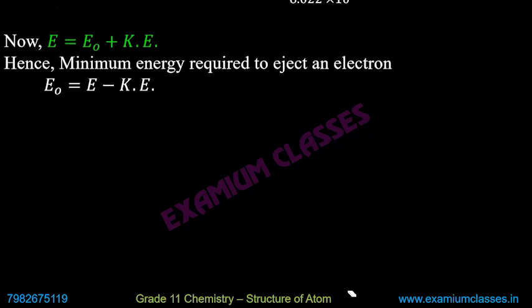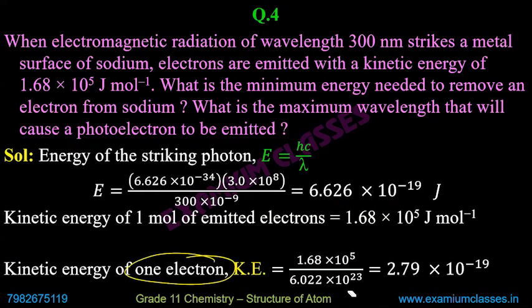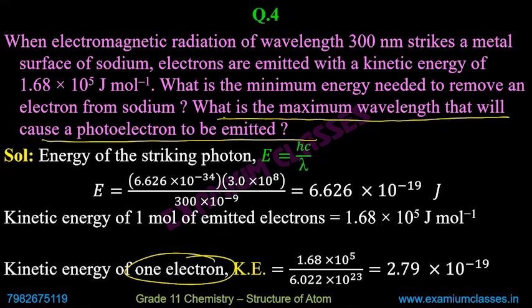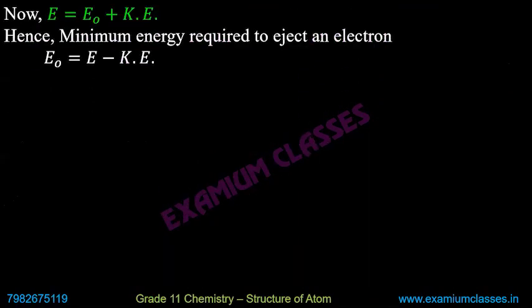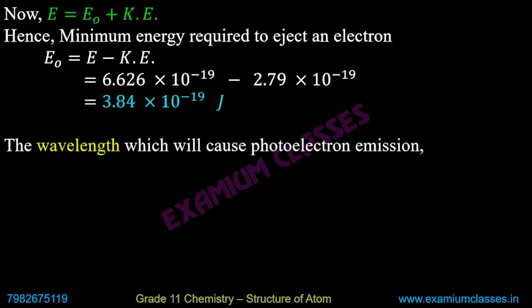Next part is: what is the maximum wavelength that will cause a photoelectron to be emitted? Maximum wavelength will correspond to the minimum energy.